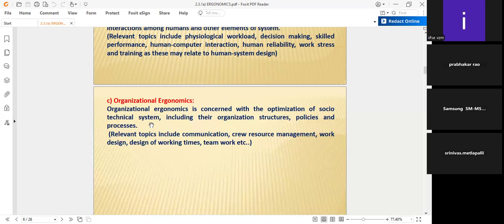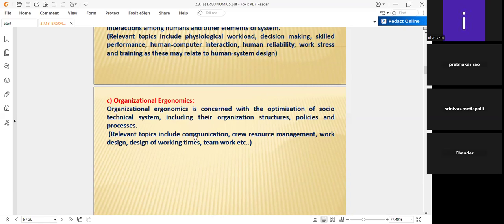Normally, some of the organizations take A shift with more productivity, then B shift is less productive, and C shift is very less productive. Some organizations do not allow C shift to carry manual handling, only A and B, because the people's strength is not there, and also tired persons should not be allowed.